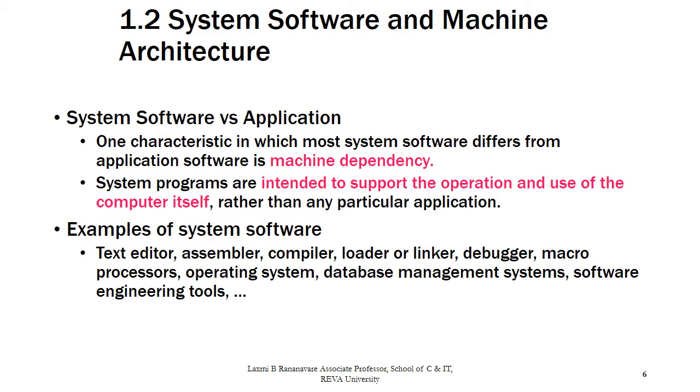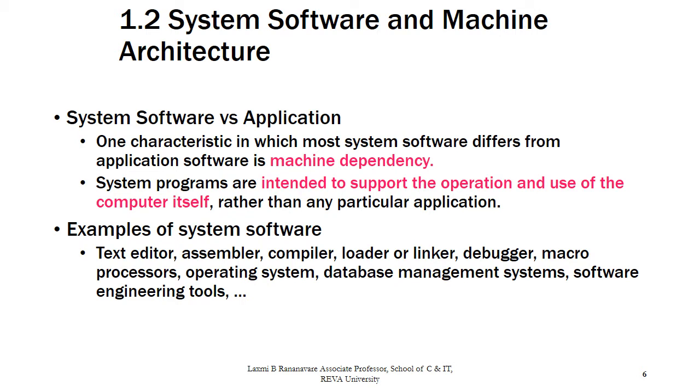Now we are going to see the difference between system software and application software. One of the main differences is that system software is dependent on the machine architecture, whereas application software is not dependent on the machine.